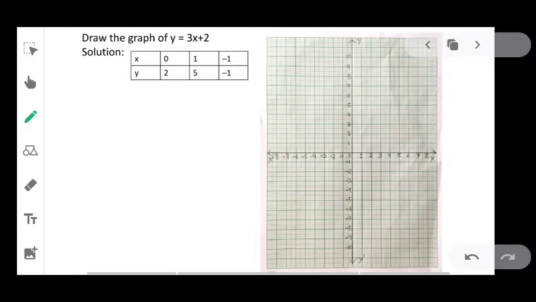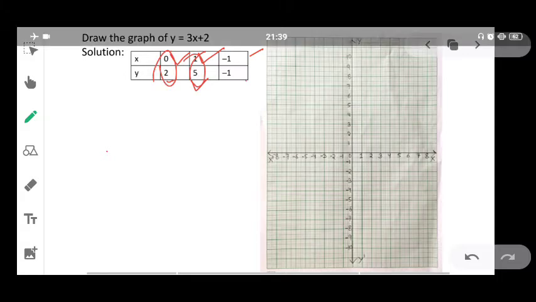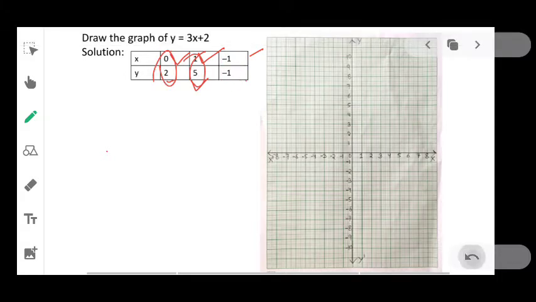Okay, the next question: draw the graph y equal to 3x plus 2. So make a table like this, and here write down x and this is y. When x equal to 0, y equal to 2, and when x equal to 1, y equal to 5, and when x equal to minus 1, y equal to minus 1. Now we'll plot the points 0, 2; 1, 5; and minus 1, minus 1.